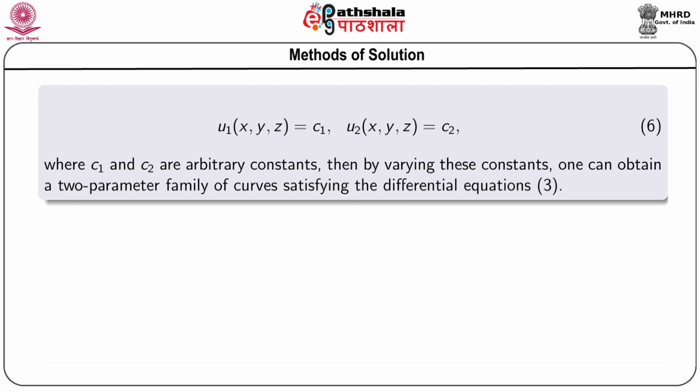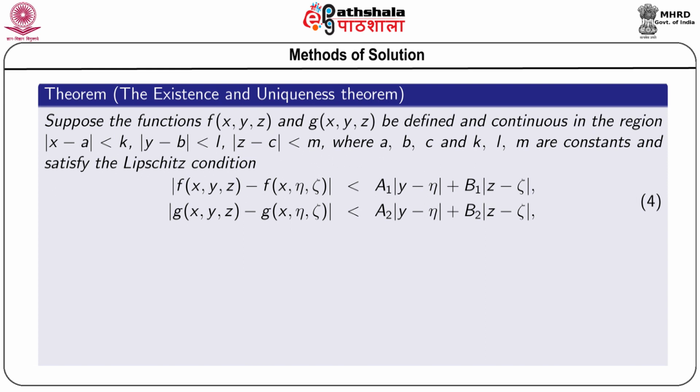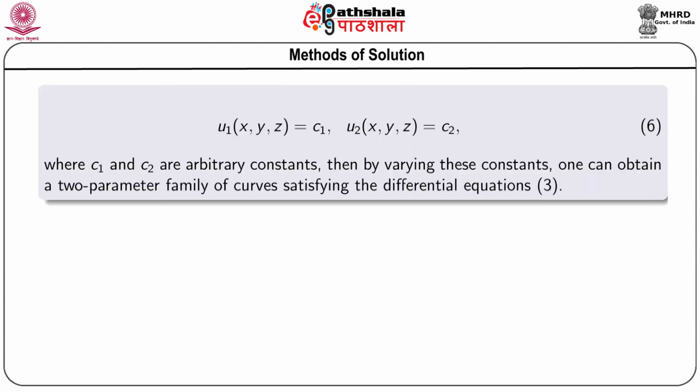Now, if we take the second and third equations, that means dy by q equals dz by r, then we will get another relation u2 xyz equals C2.